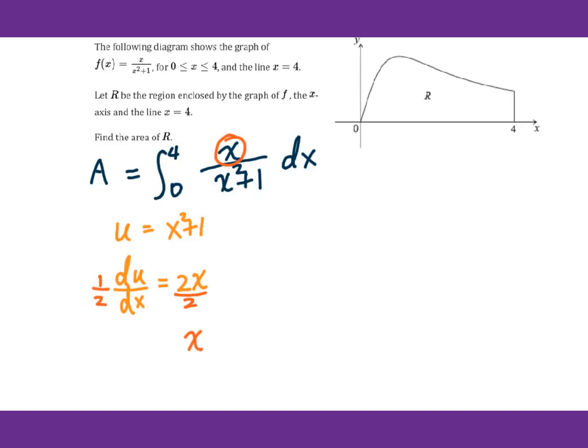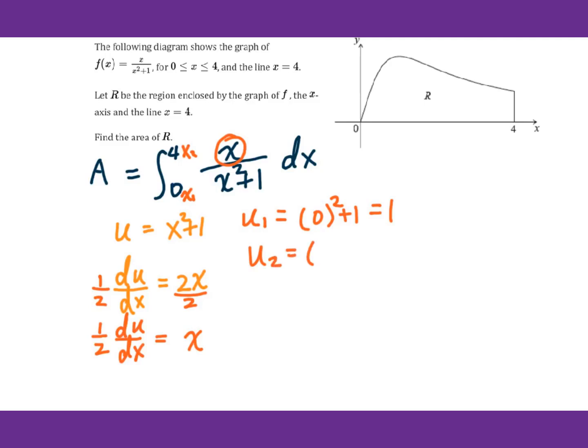You will get x dx equals 1/2 du. When you do the substitution for this definite integral, you have to change the limits. So u1 equals 0 squared plus 1 equals 1. For u2 equals 4 squared plus 1 equals 17.